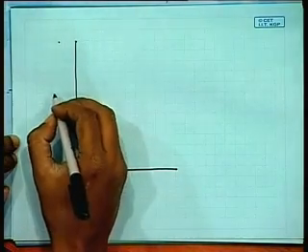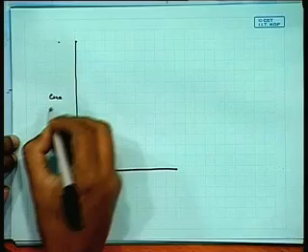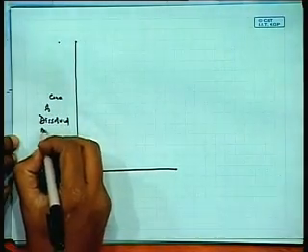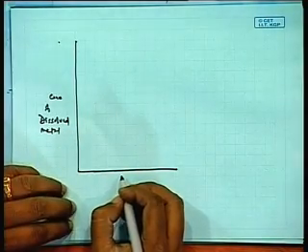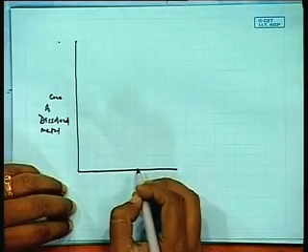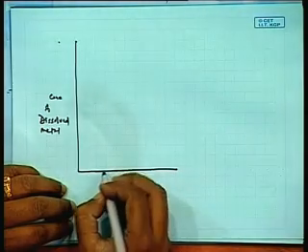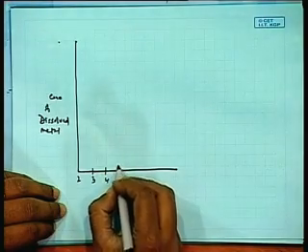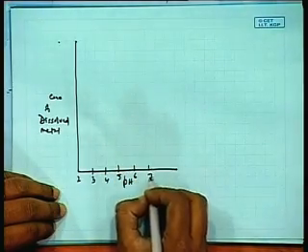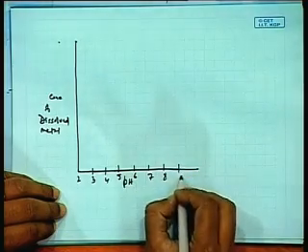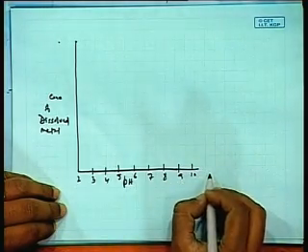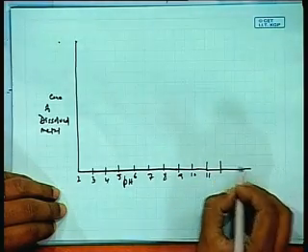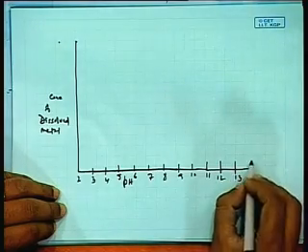It's the concentration of dissolved metal, and in terms of pH here, we consider pH 2, 3, 4, 5, 6, 7, 8, 9, 10, 11, 12, 13 and say 14.